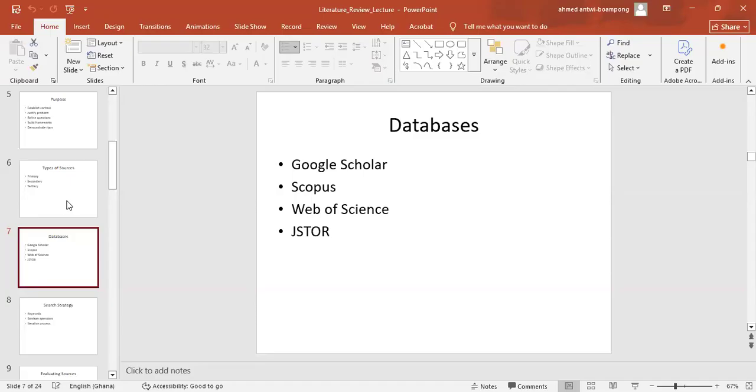Be mindful, not everything online is credible. First, look at the type of journal. There are a lot of predatory journals out there that contribute little to nothing. They just take people's money and publish all sorts of rubbish. So evaluate the journal and make sure that it's a high-ranking, high-impact journal.